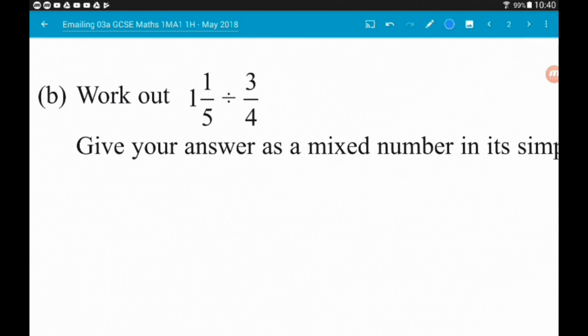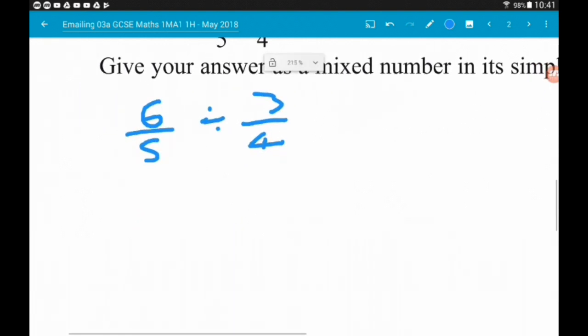For 1 and 1/5, you multiply the whole number by the bottom of the fraction, so 5 times 1, and then add the top of the fraction. That gives us 6/5 divided by 3/4.